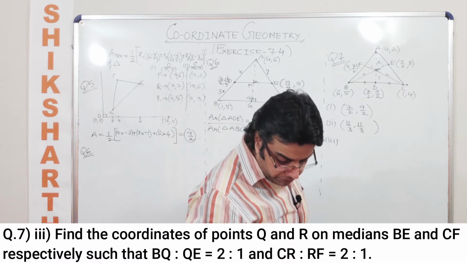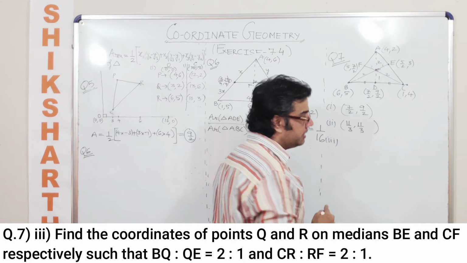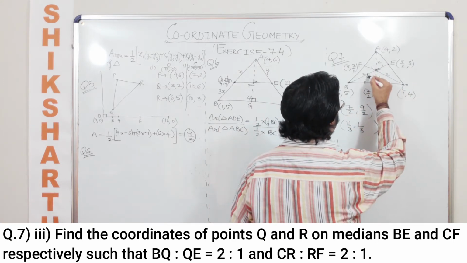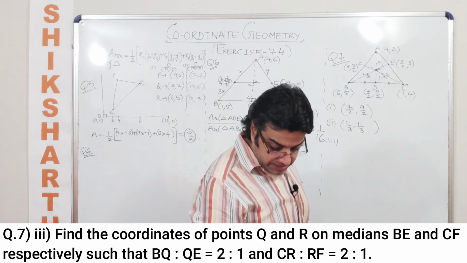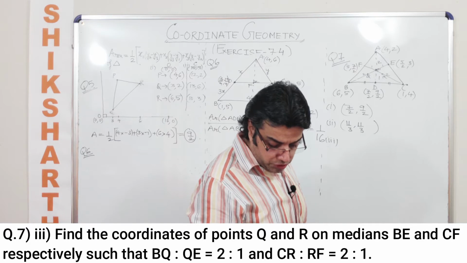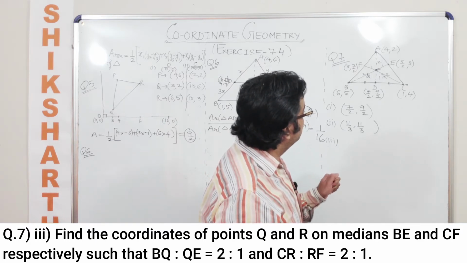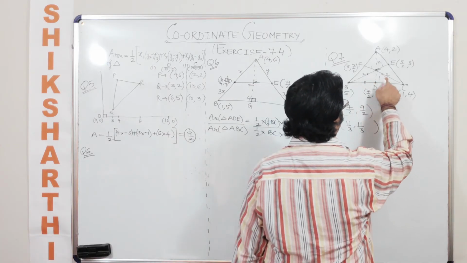Now what are they asking you to do? Find the coordinates of points Q and R on medians BE and CF. BE, let's say there is a point Q, and R on CF, such that BQ is to QE is 2:1. So in any case, what are they basically talking about?